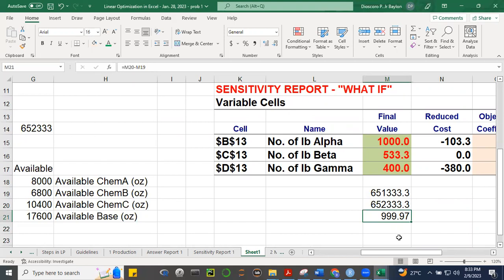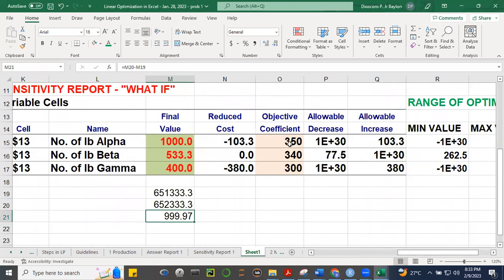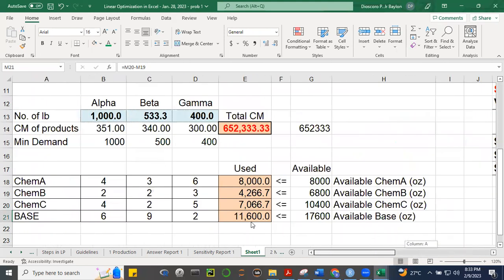Iba siya. Kasi nag-increase si ano ng 1 unit, in-increase natin tong objective coefficient ng 1, 351. Kasi you might be thinking, that will be the increase, no? In your total contribution margin. Kung mag-increase si alpha ng 1. Okay? So ginawa natin tong from 350, ginawa natin 351. When we solve this, pareho pa rin yung optimal solution.